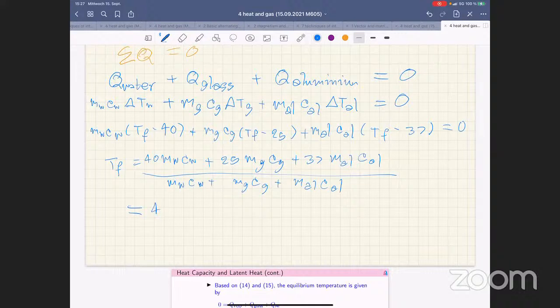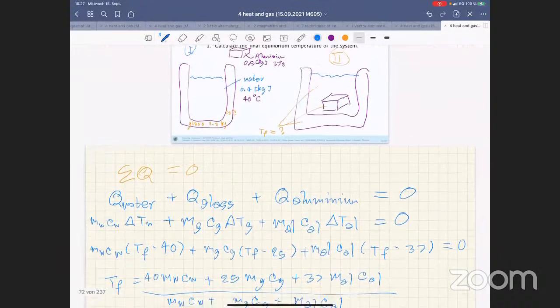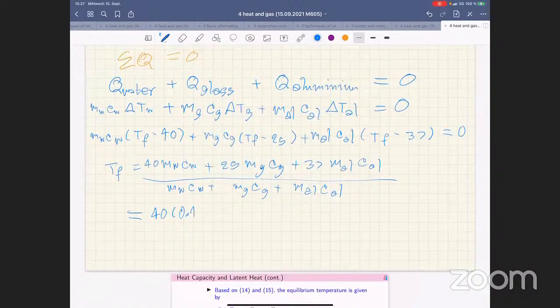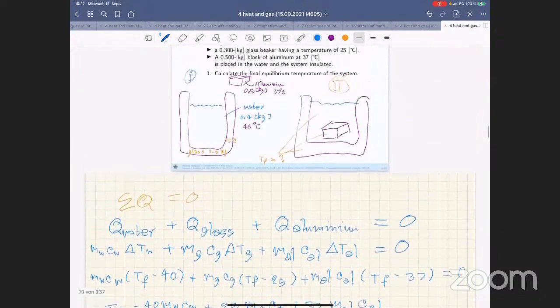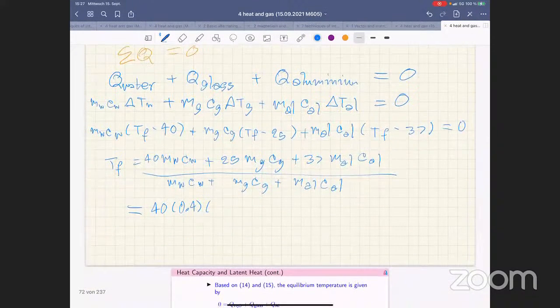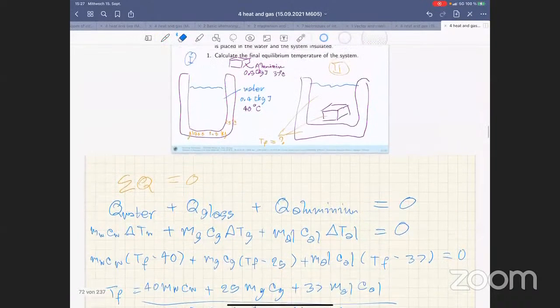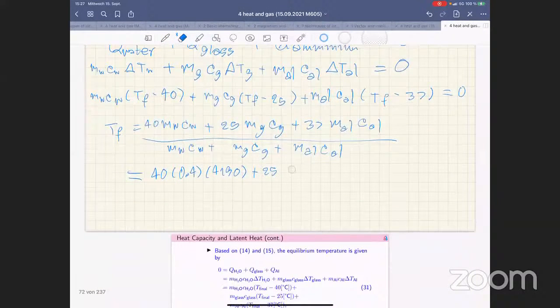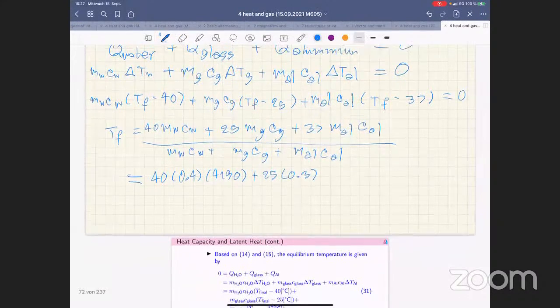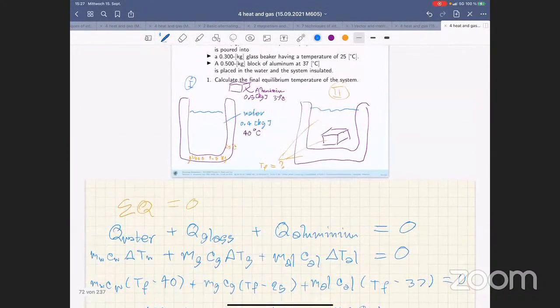Let's substitute everything. 40, mass of water is 0.4, and specific heat of the water is 4190, right? And plus the temperature is 25. Mass of glass is 0.3, and the specific heat of the glass.